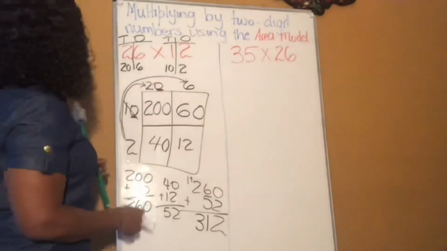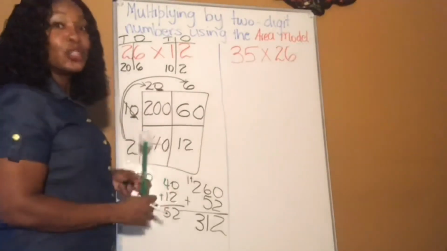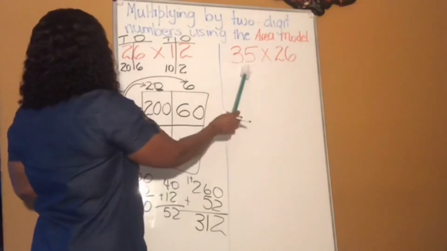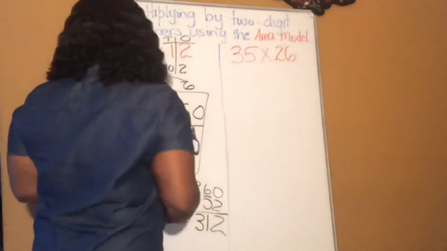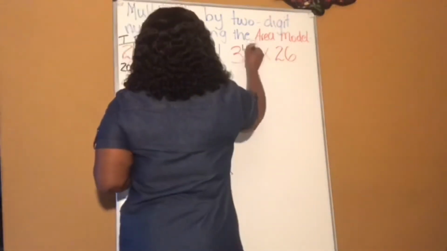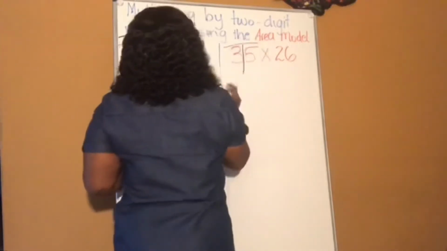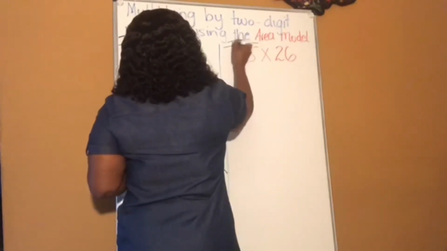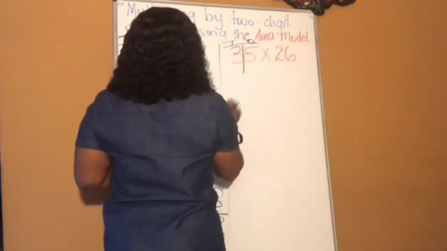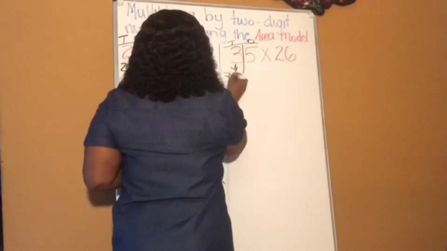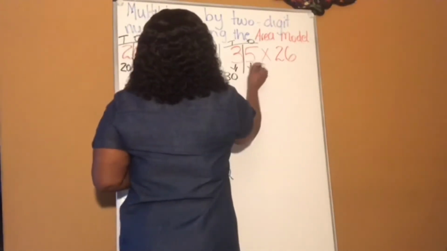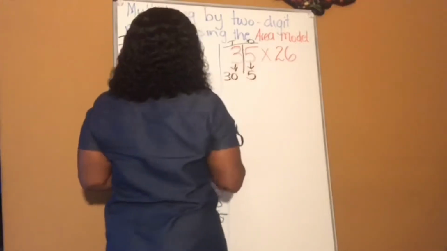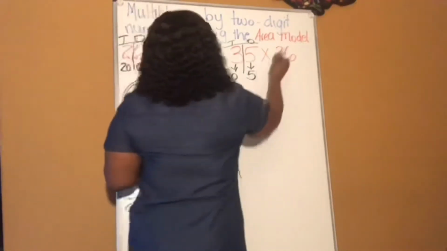All right, let's move on to number 2, where we have 35 times 26. So again, we need to break them apart. So this would be 3 tens and 5 ones. 3 tens, that's 30. 5 ones, that's 5. Then we do the same thing over here.